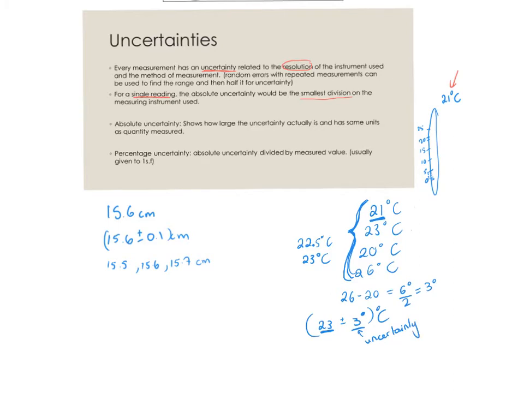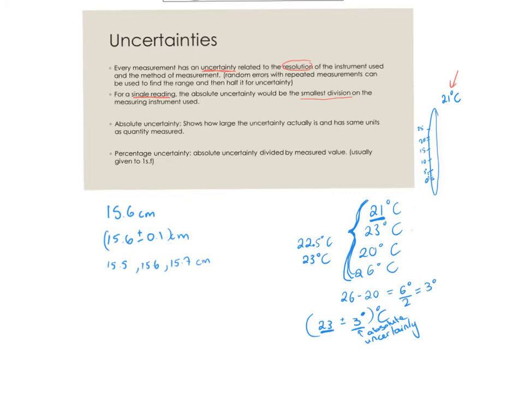So this is actually called the absolute uncertainty, which shows how large the uncertainty actually is and has the same units as the quantity measured. We call it absolute uncertainty because when we take the percentage of it, we call that percentage uncertainty, just to differentiate between the actual value with its unit and the percentage of it.